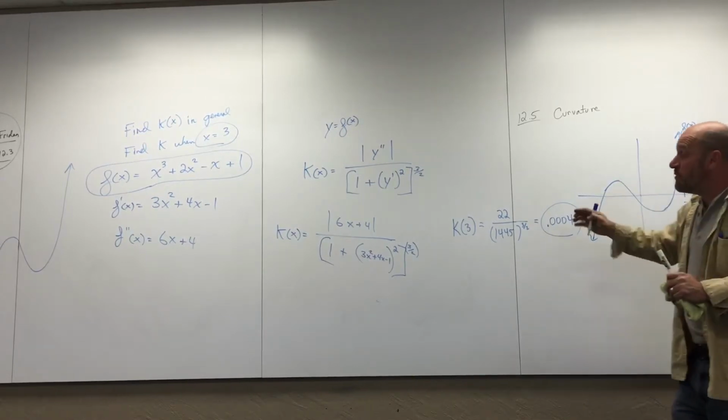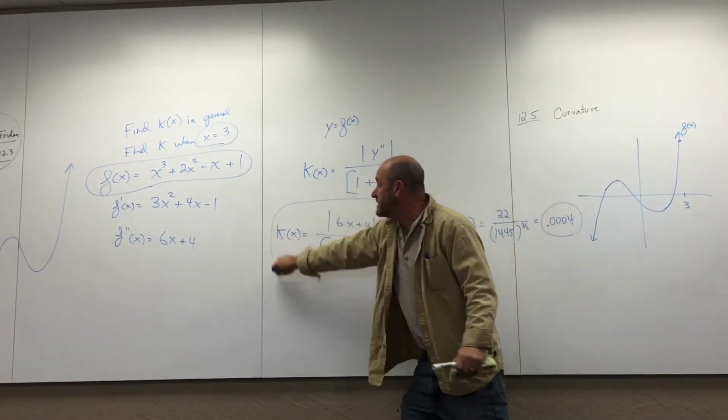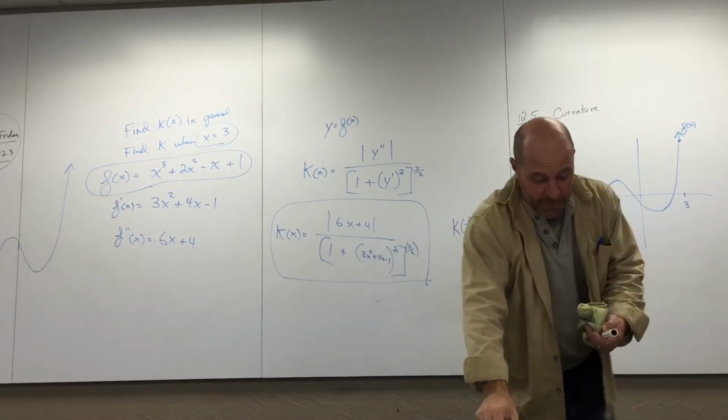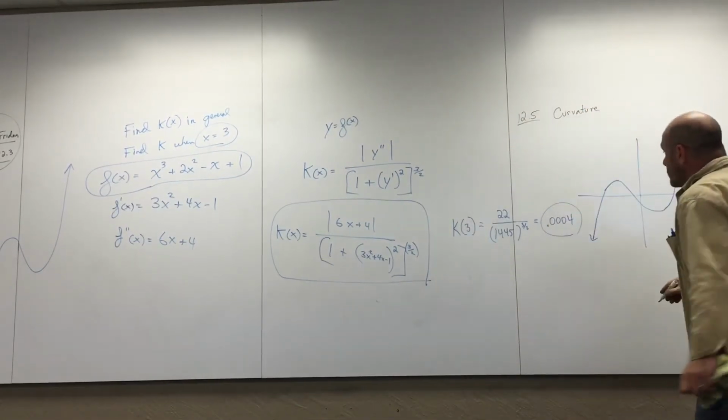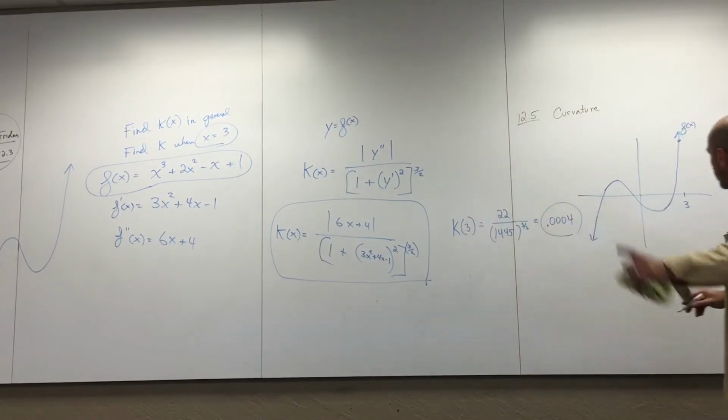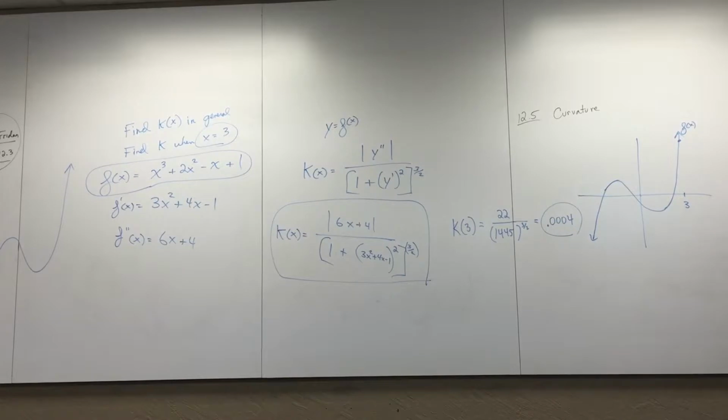When you drew a picture of this curvature function, it's a challenge to get this typed in your calculator, but when you lay it on top of this, it is interesting. Here's a concept for you. What's the curvature of a straight line?